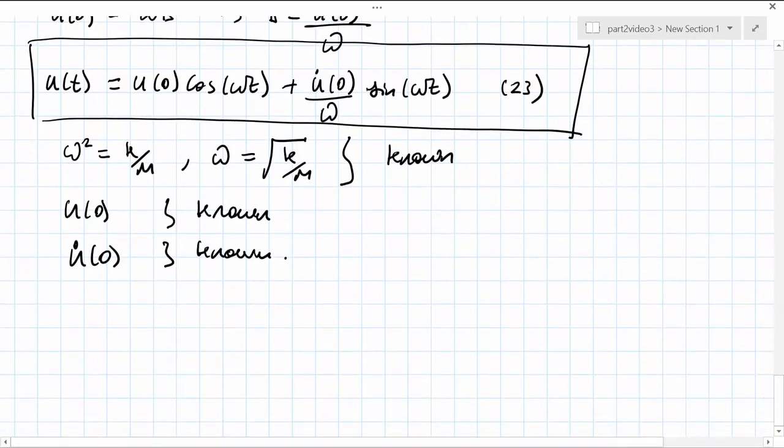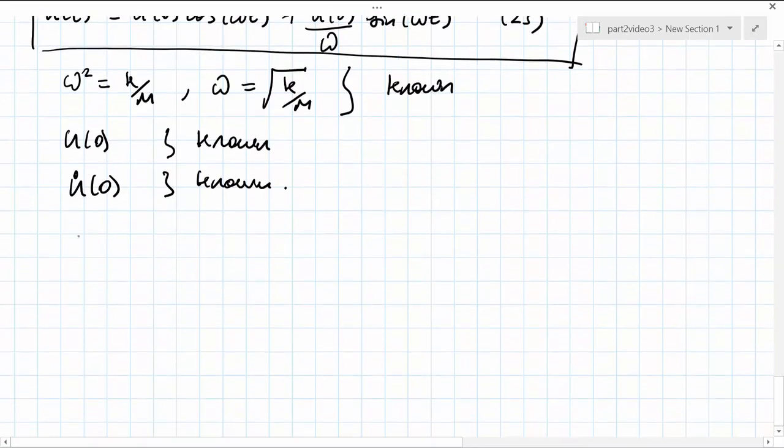So for a known initial velocity and initial displacement, the response sketched out would look like the following.